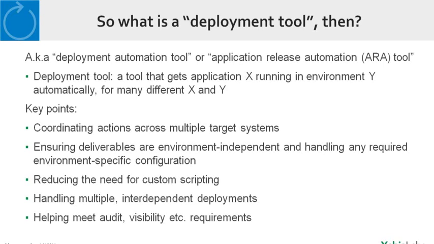Well, that's, I think, the fourth bullet point here pretty much. Ensuring that you can handle this problem of environment independence and a relatively smooth progression from development to production, I think that's also very much a key piece of functionality that the deployment tool should make available.